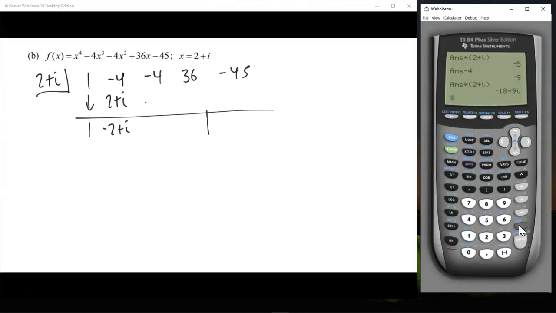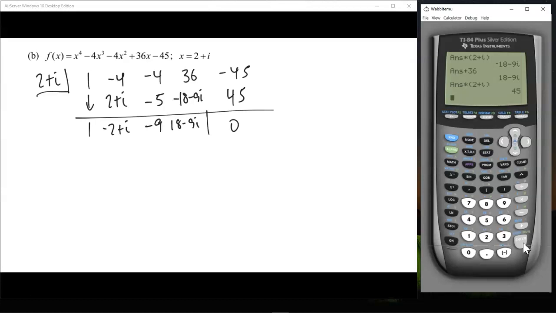I'm then going to add 36 to that, and that's going to give me 18 minus 9i, and then times, once again, that number in the box over there, my 0, 2 plus i in parentheses, and then enter is going to give me 45, which is going to give me the remainder that I want of 0.